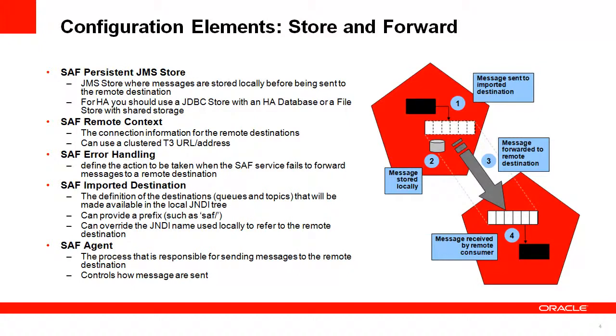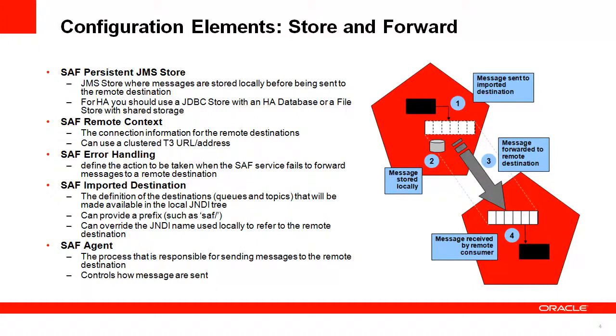There's also the Store and Forward error handling, which defines the policy or the actions to take when the Store and Forward service fails to forward a message to the remote destination. You can redirect it or log it or ignore it, although we wouldn't advise you to ignore it. Then we have the Store and Forward imported destination, which defines the remote destination that's been imported.